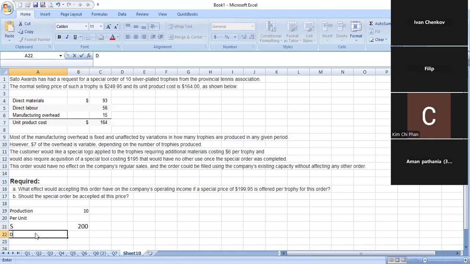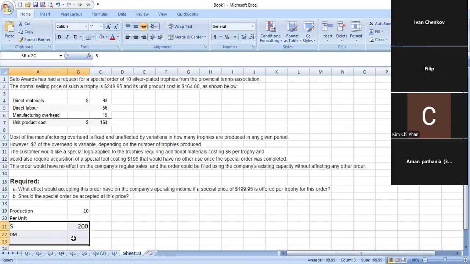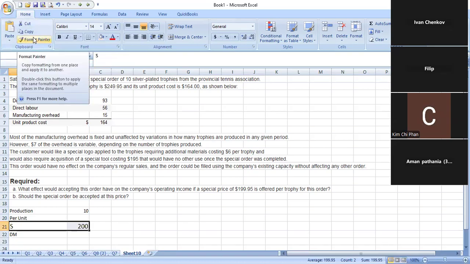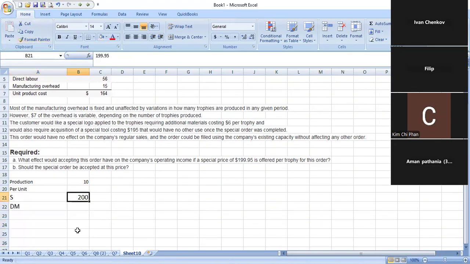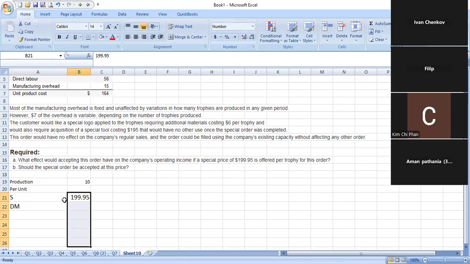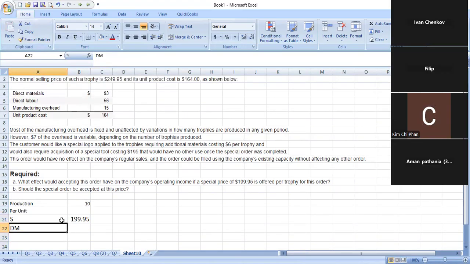So for those of you who are going for the CPA, one trick: start with the ones that you know, and then keep going with the rest, because the chances of you missing one that you know are very high. If you don't explicitly mention the one that you miss or are not certain about, you're not going to lose that many marks. But get as much as you can. So direct material, how much? $93.